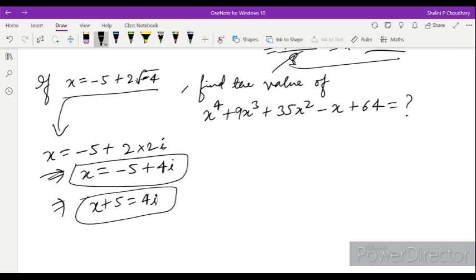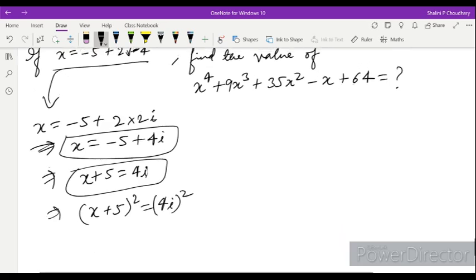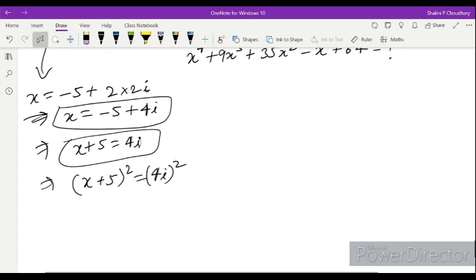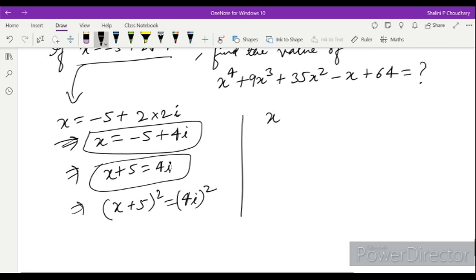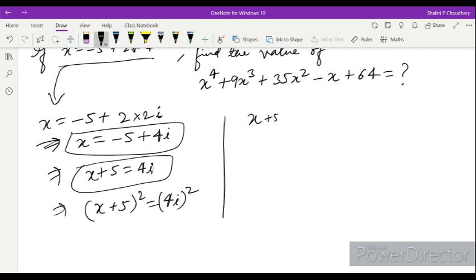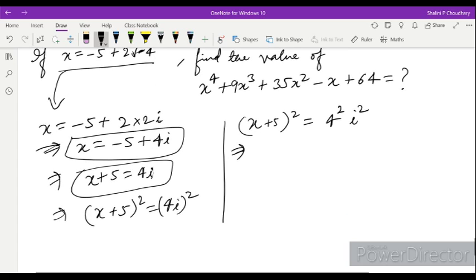Squaring both sides, x plus 5 whole square will be equal to 4i whole square. So x plus 5 whole square will be equal to 4 square into i square.